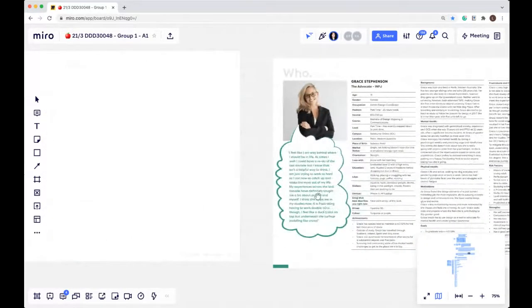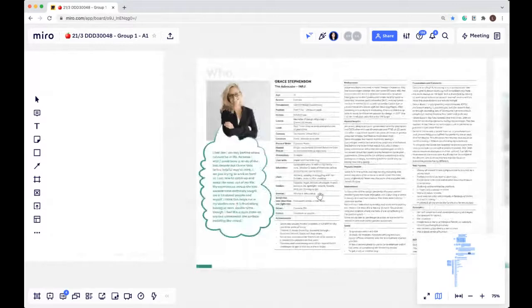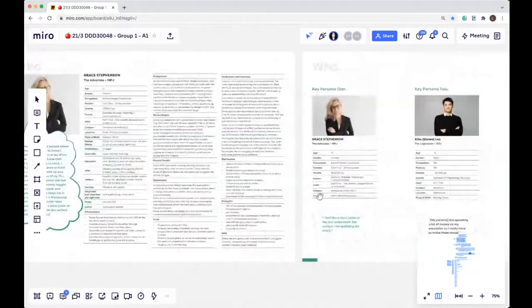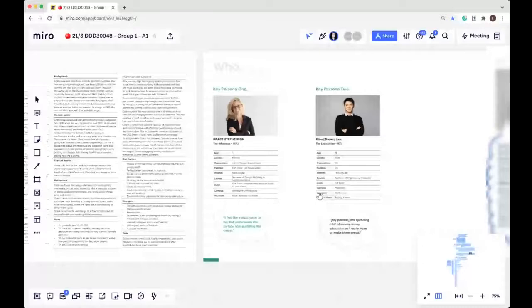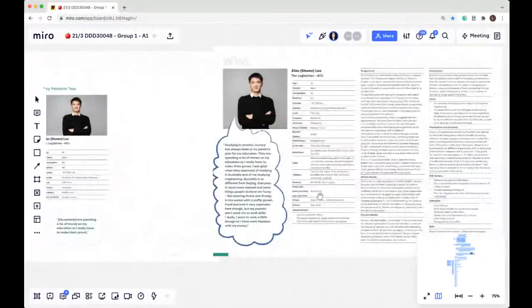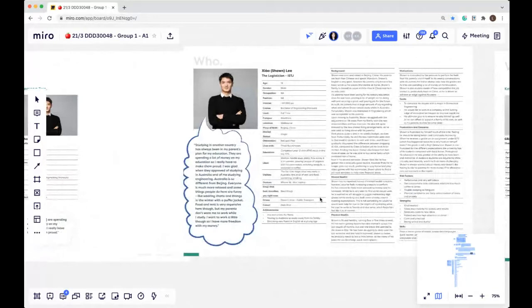And she's got a key quote from her persona as well, which is really great. This is a lot of information for a slide though. So you can keep more information in your journal.